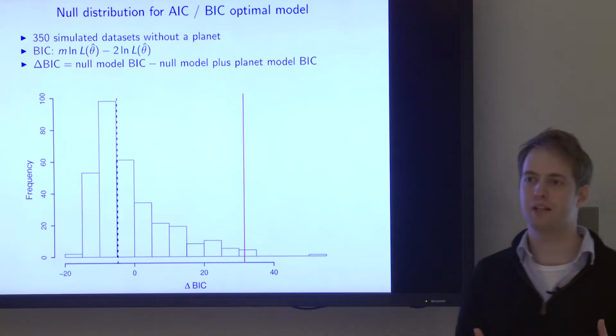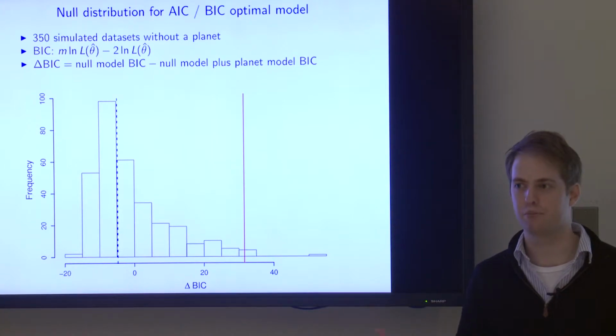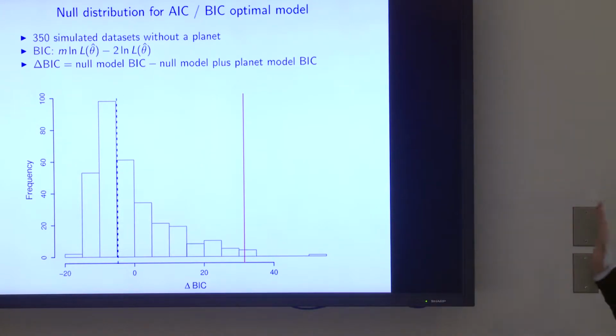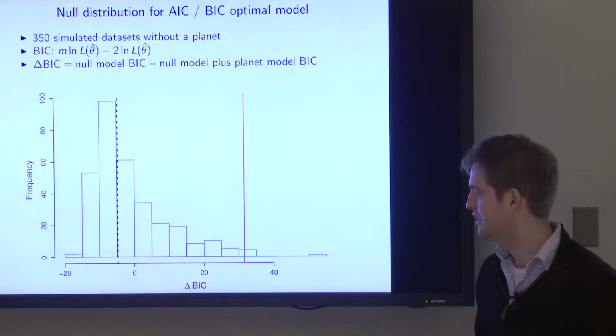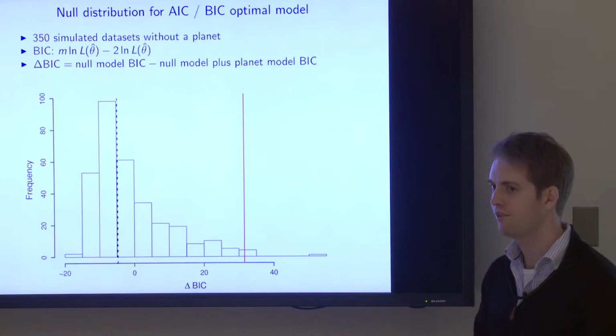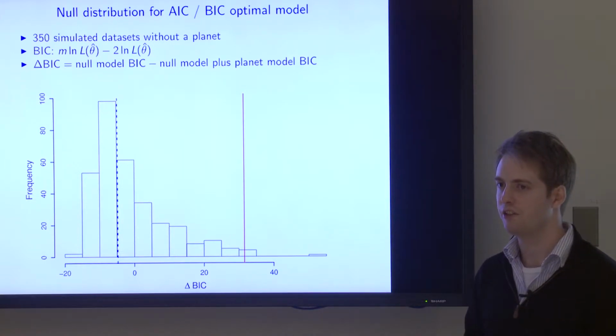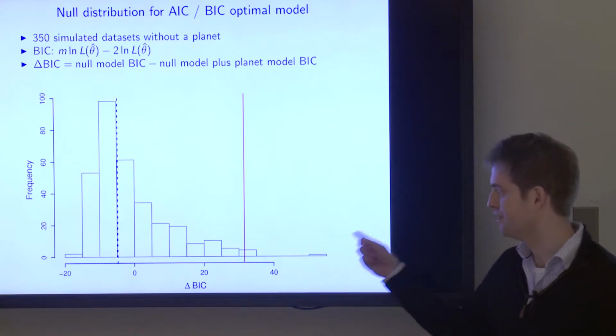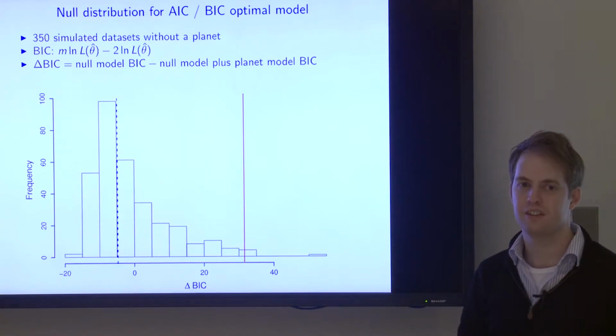If there was a planet, we would hope that there would be more evidence that the model with the planet was good, so we'd hope for a larger value of delta BIC. This red line is the 99% quantile of the distribution, and if there was a planet, we'd hope that delta BIC was larger than that value.